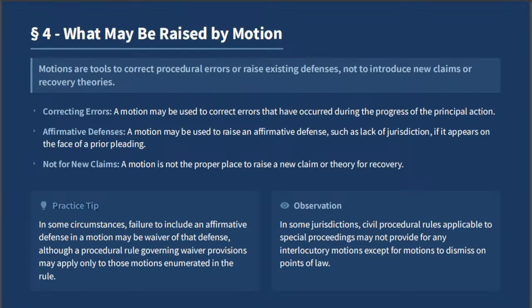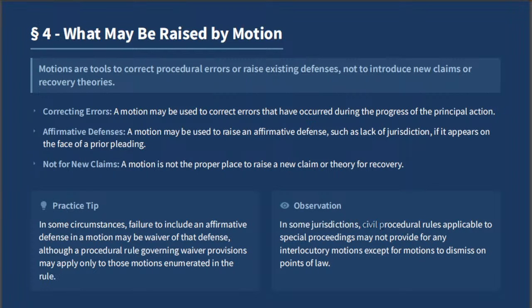And our practice tip here. In some circumstances, failure to include an affirmative defense in a motion may be a waiver of that defense, although a procedural rule governing waiver provisions may apply only to those motions enumerated in the rule. So you see what kind of motions, wow. So check your jurisdiction regarding affirmative defenses in a motion. And here's our observation.